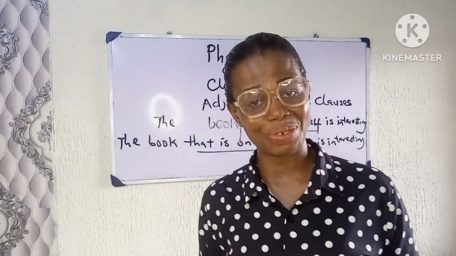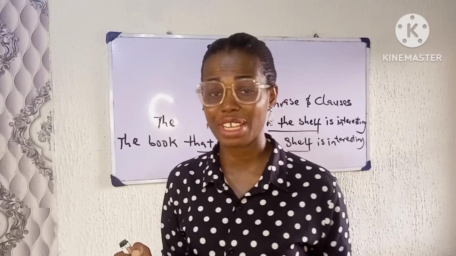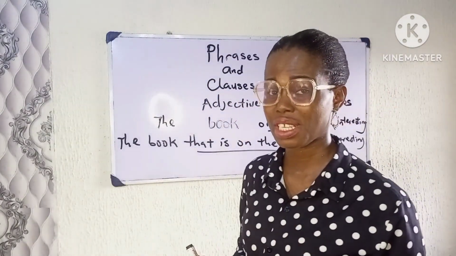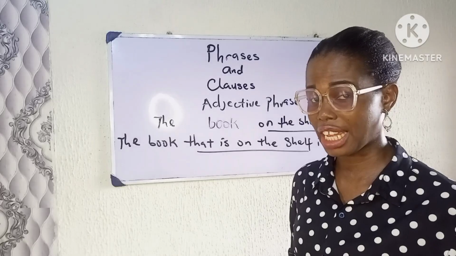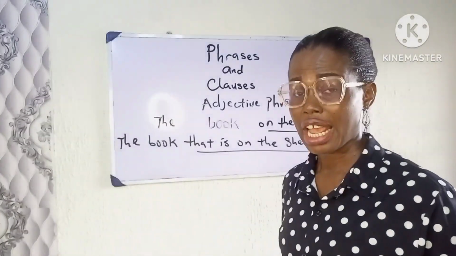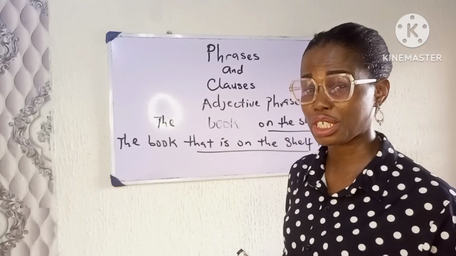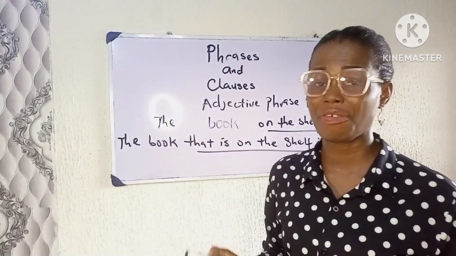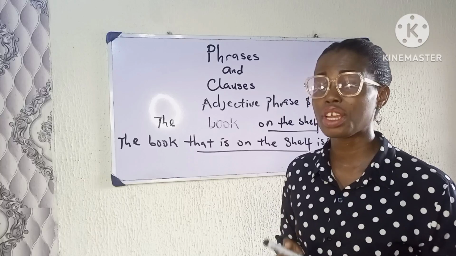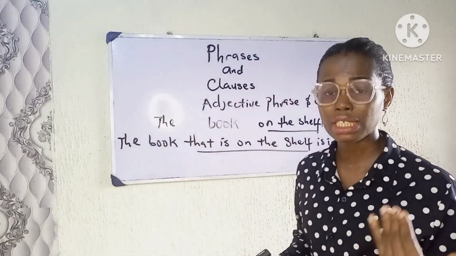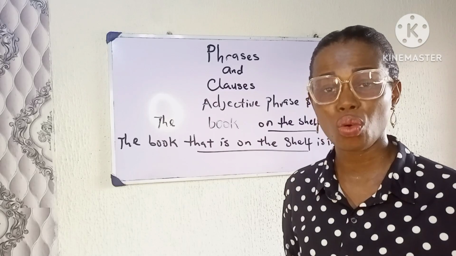When you have a group of underlined words and you've identified it to be a phrase, check the first word in the group of underlined words. If the first word is a preposition, it's likely going to be an adjective phrase because adjective phrases usually begin with prepositions. Prepositions like on, till, for, with.